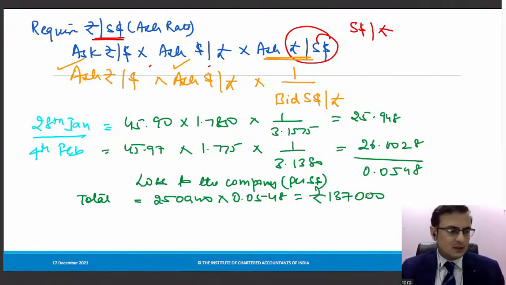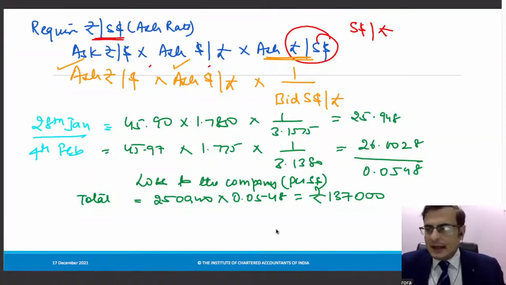So 25.948 is correct. And 26.0028. So this is the minus, 0.0548. That's absolutely okay. On 25 lakhs, roughly 137 thousand. That's correct.